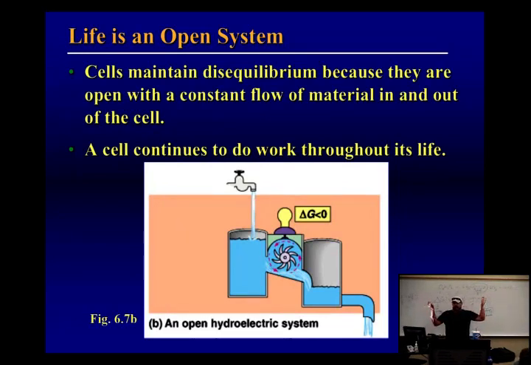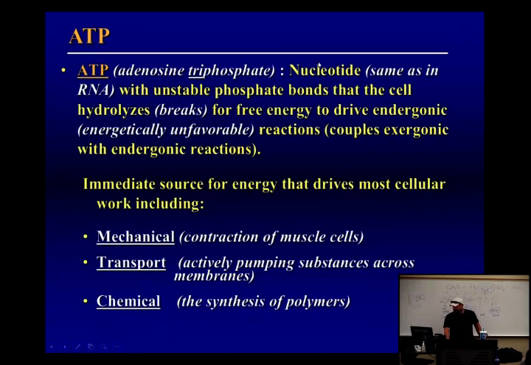What happens if the sun burns out and we lose our tap? Yeah, life stops. So this inequality of delta G being positive or negative and fluctuating allows life to exist. And that's why we're allowed to exist.